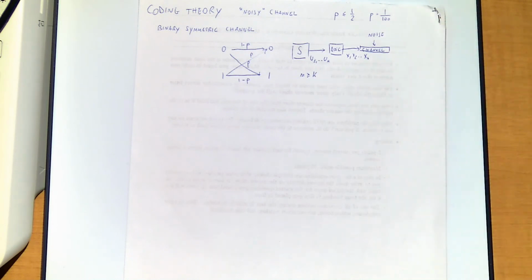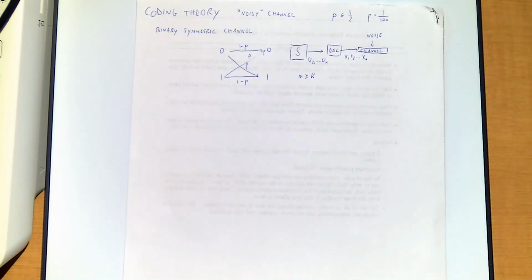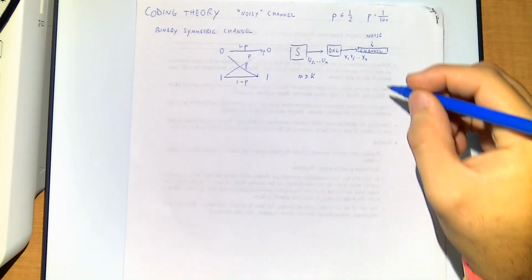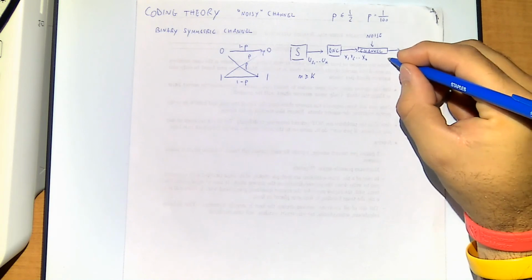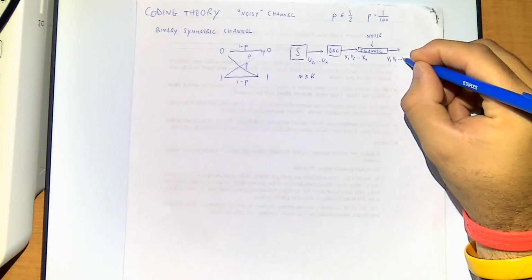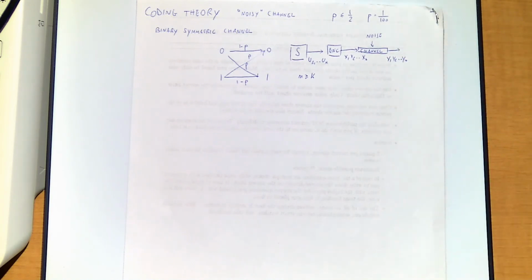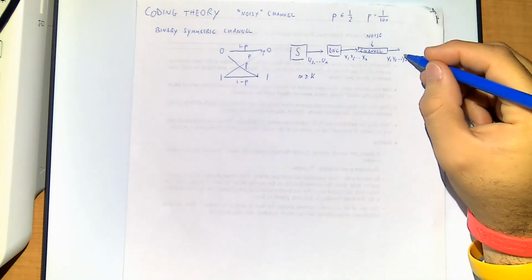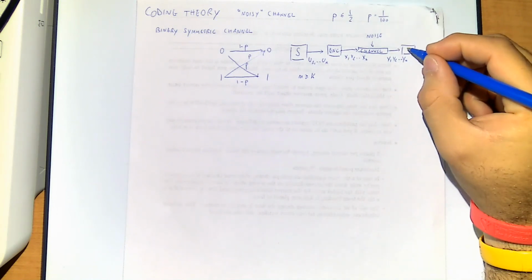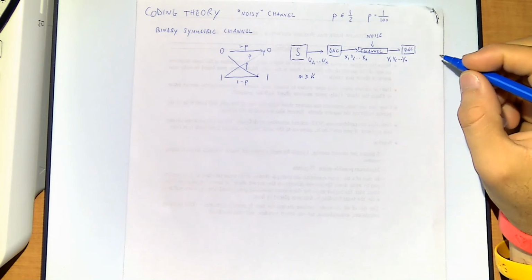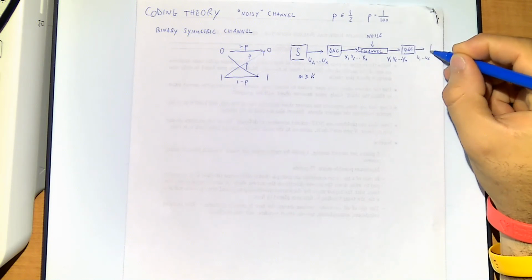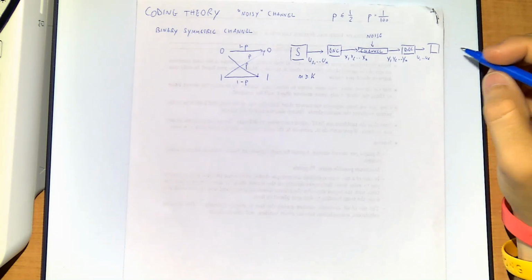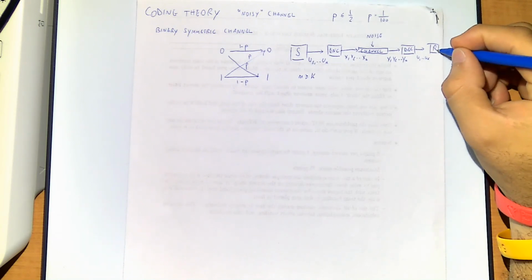So in the channel, what happens is that with a certain probability, some of the bits get flipped. And so what you receive is a word y1, y2, up to yn, and some of these bits may be different. Then this gets fed through a decoder, and hopefully the decoder is able to recover the original u1 up to uk, and get it to the receiver.